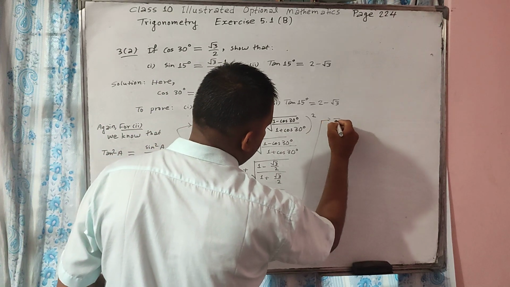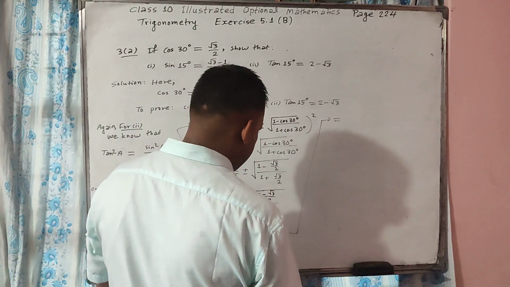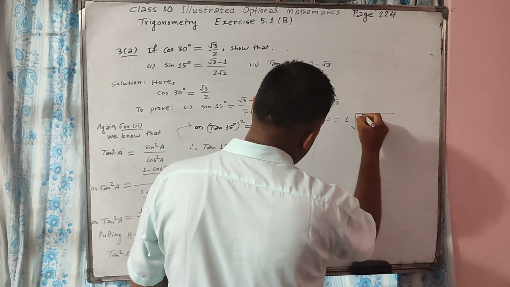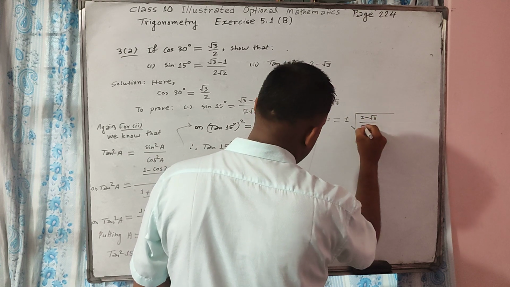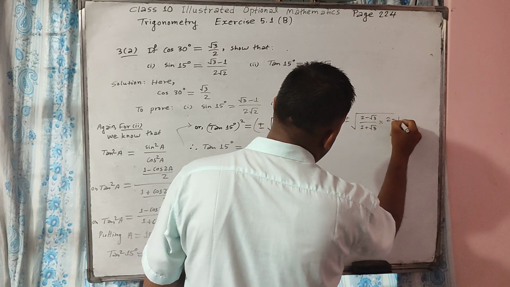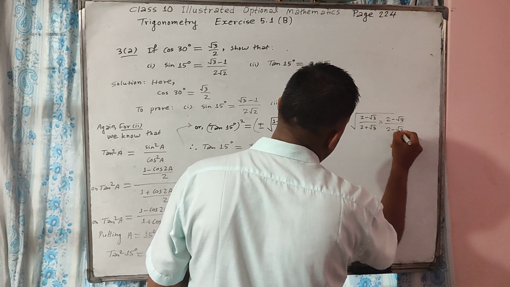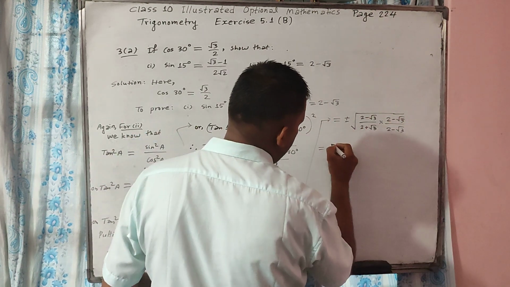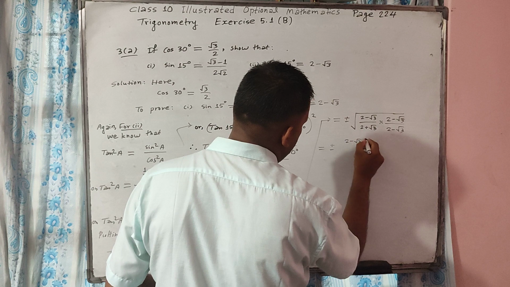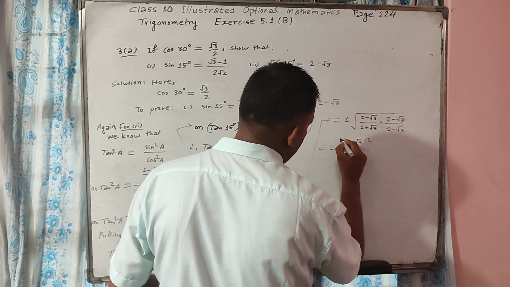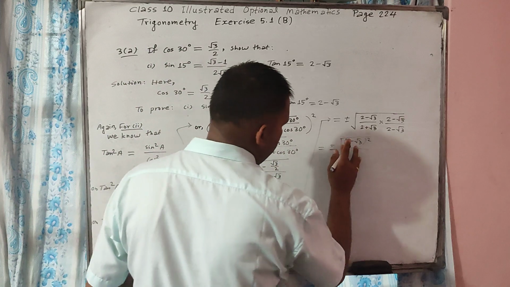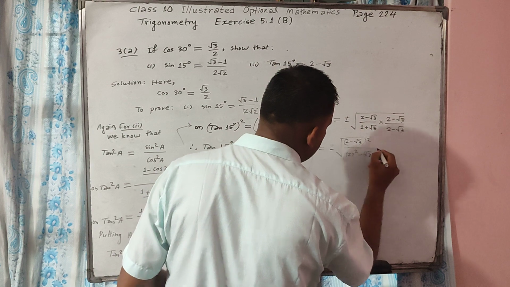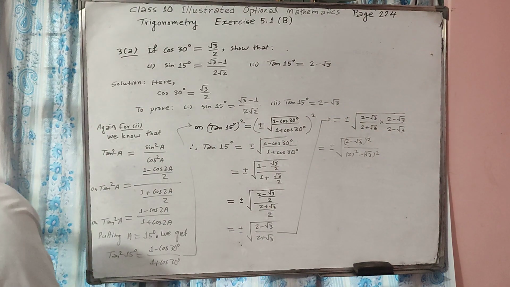Now using the conjugate of the denominator, we get plus minus square root of 2 minus root 3 upon 2 plus root 3 into 2 minus root 3 upon 2 minus root 3, equal to 2 minus root 3 whole square whole upon 2 plus root 3 into 2 minus root 3, that is 2 square minus root 3 square.